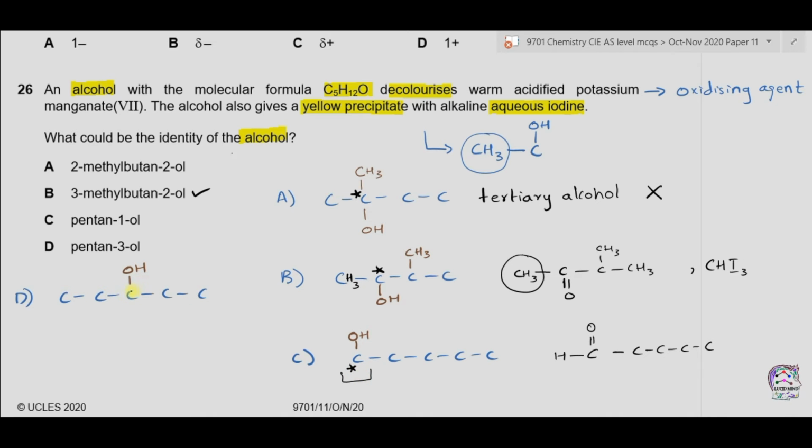Similarly in D, the carbon atom attached to OH is a secondary alcohol, so it will oxidize into a ketone. But no CH3 group is directly attached to this carbon atom, so it won't give a yellow precipitate. The only alcohol giving both positive results is B.